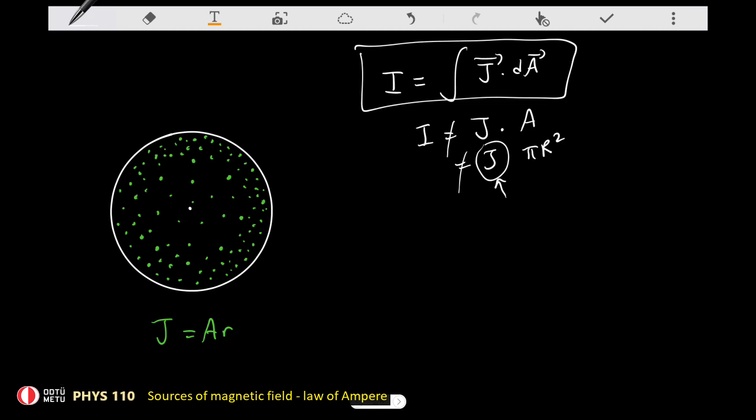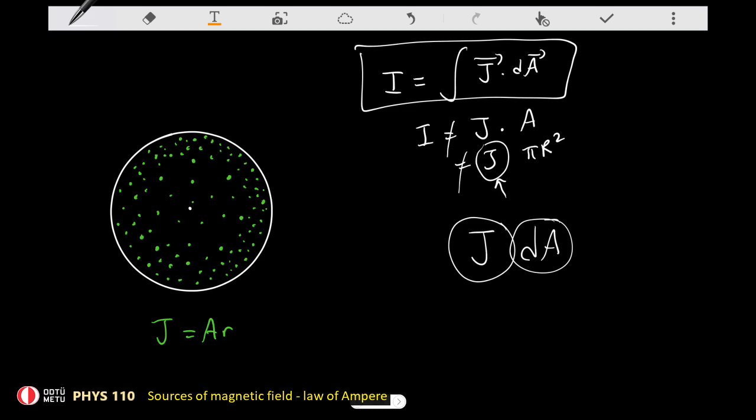The whole purpose of solving this problem is to show you the method of integrating the current density. What we would like to do is divide this whole area into smaller areas, where on each smaller area the current density is constant.